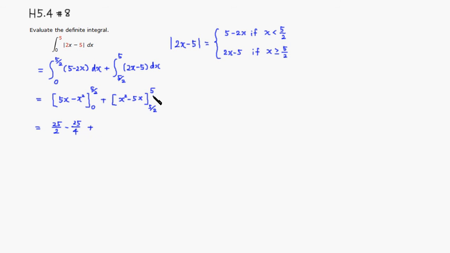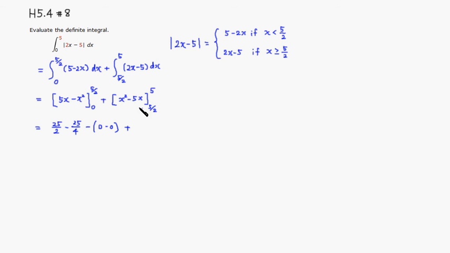Plus, plug in 5 here, 5 squared, so it's actually, sorry, I forgot to do the bottom part. So minus, plug in the bottom, which is 0. So 5 times 0 is 0, minus 0. So it was 0 anyway.